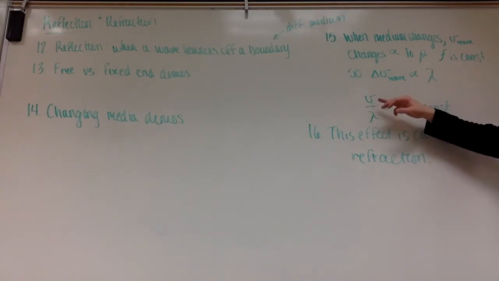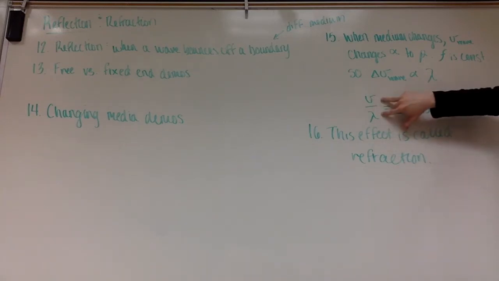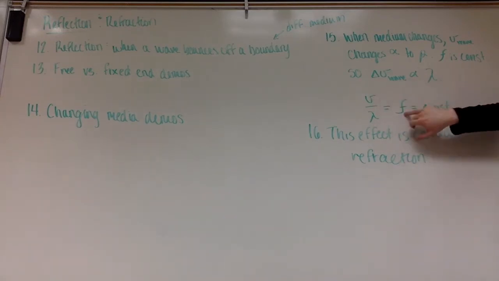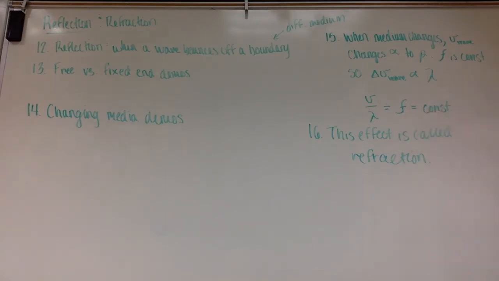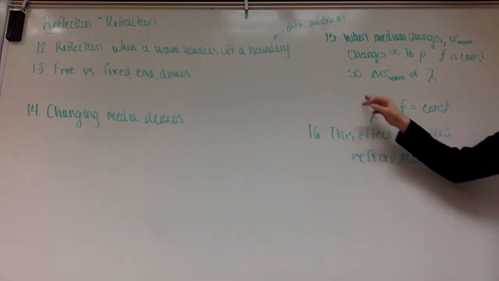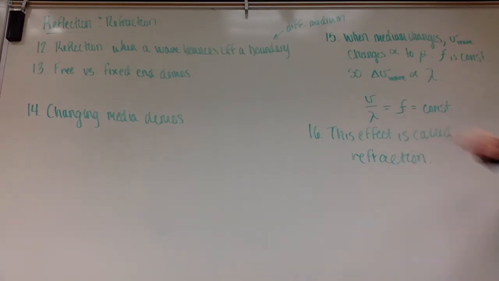So what that gives us here is that when we change media, these two will always stay proportional to each other. This guy will always be a constant. So it's always a constant the whole way through. Now, the effect of your velocity and wavelength changing, this is what's called refraction. And we'll see that as we go through a few more labs with it.